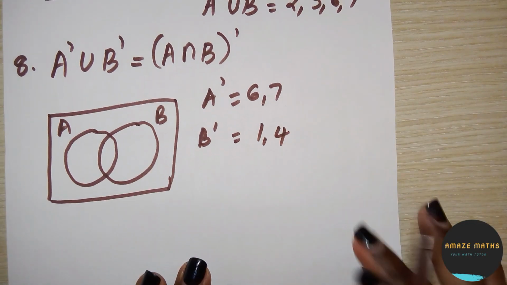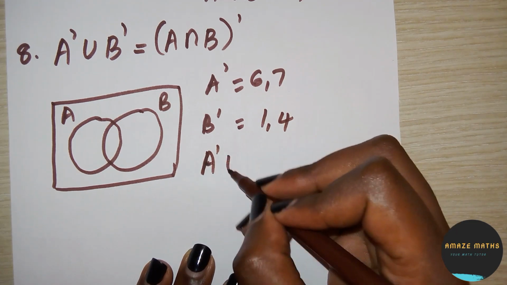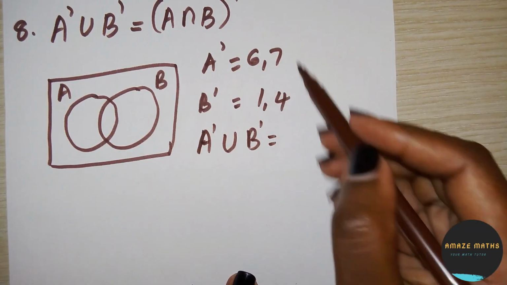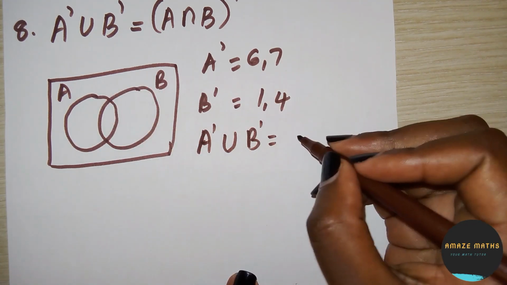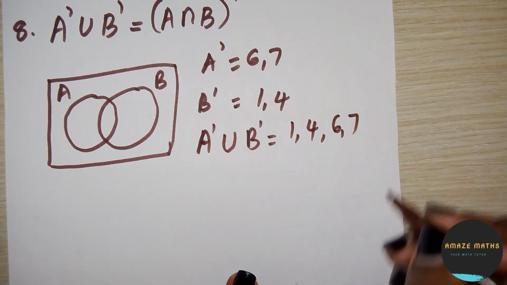So 1 and 4, and therefore complement of A union complement of B would be all this, including the outside part as well. So that would be 1, 4, 6, and 7.